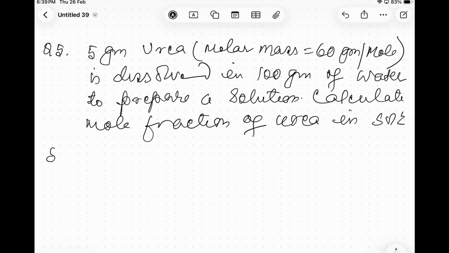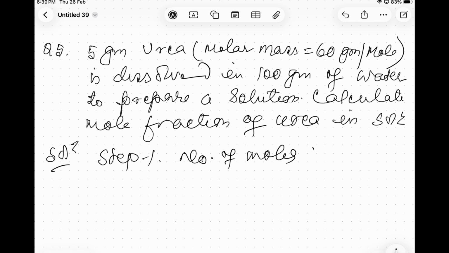So the answer should be: step 1, number of moles of urea is equal to 5 by 60, that is equal to 0.0833.